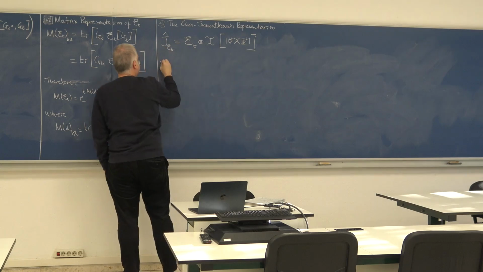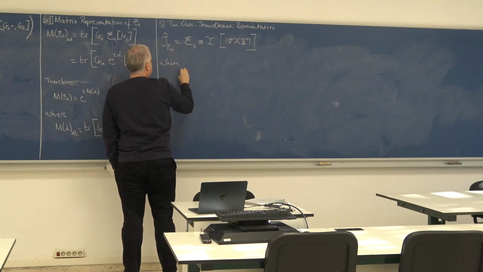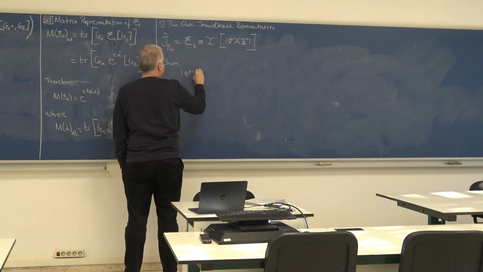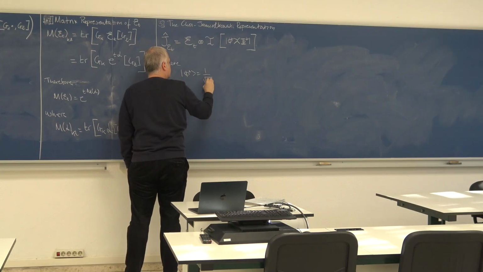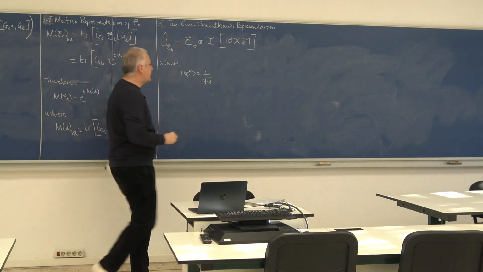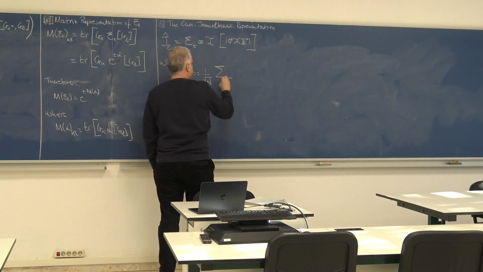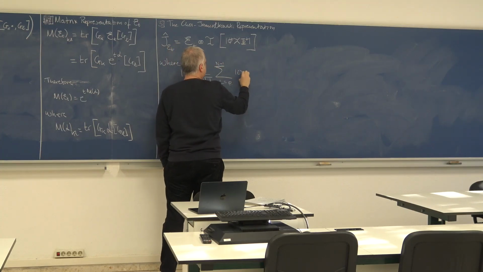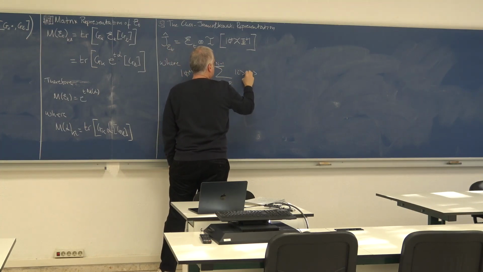This is the definition, where this phi plus state is the maximally entangled state. Remember, I'm assuming that the underlying Hilbert space is n-dimensional. Okay?